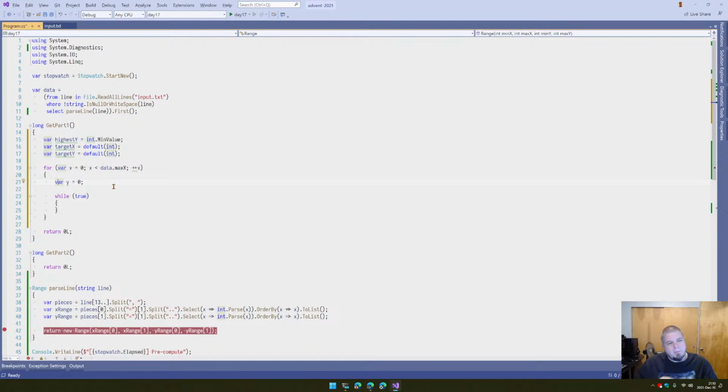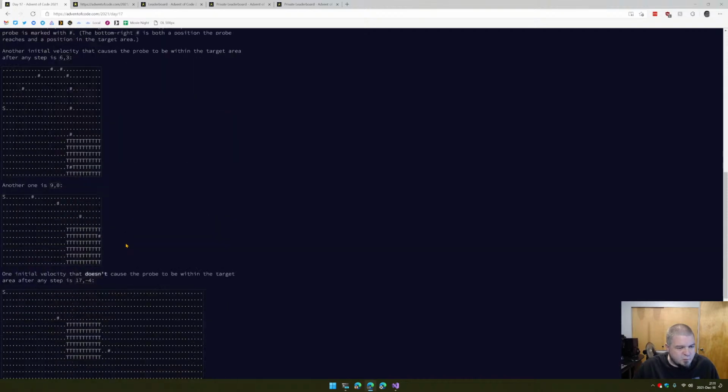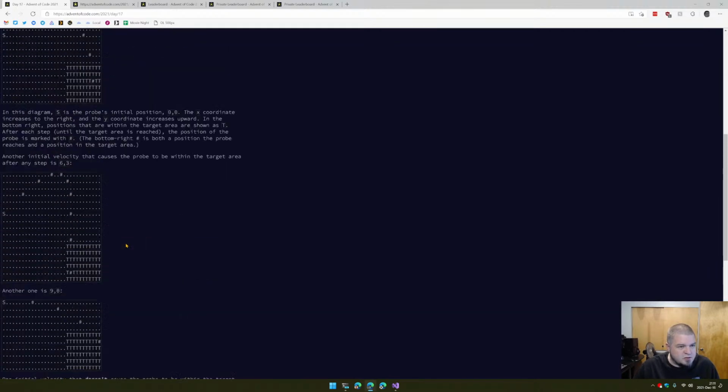Let's see. What is the best way to constrain y? Because we need a stopping point, right? Probably the constraint for y is if we miss the target and we still hadn't hit it in the x direction, but we exceeded the target in the y direction, which they don't show here.